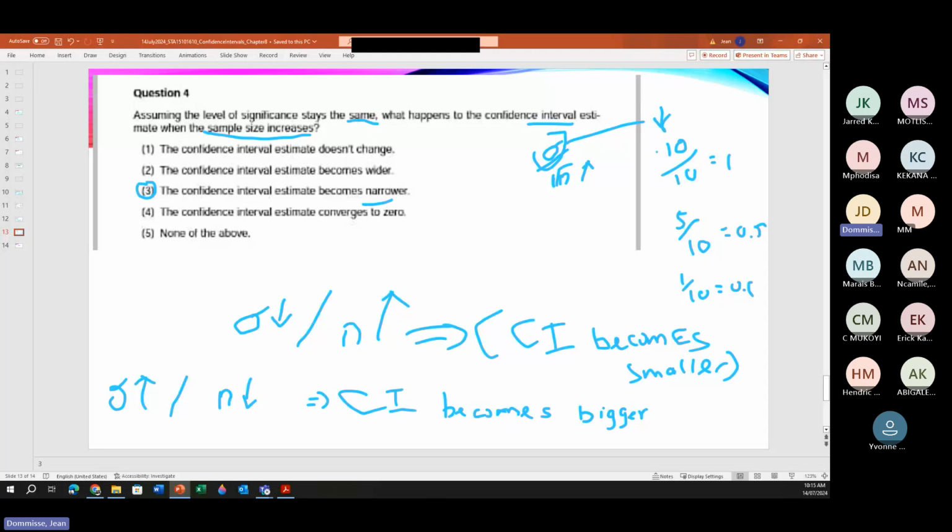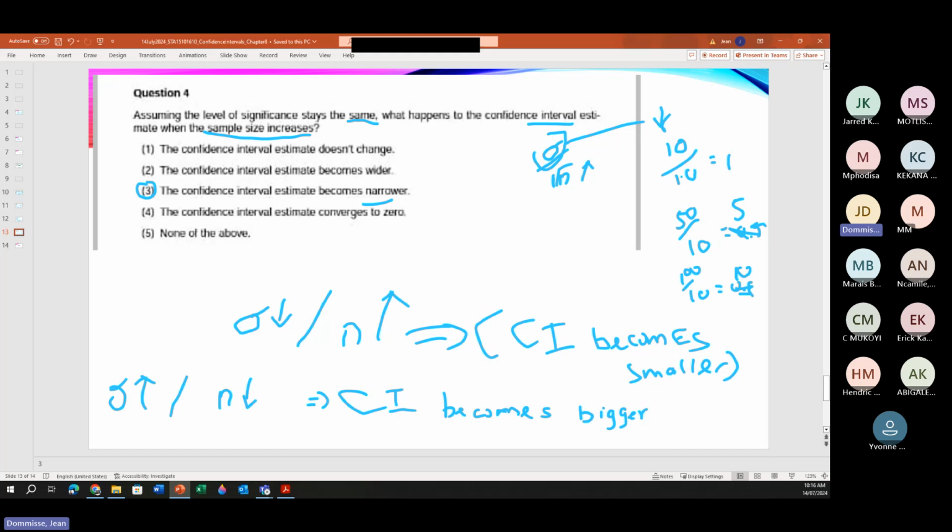So again, if it was 50, now suddenly it grows by 5. If that was 100, now suddenly it becomes 10. So again, if it became bigger, your confidence interval will also become bigger.